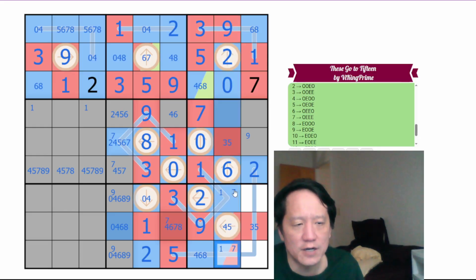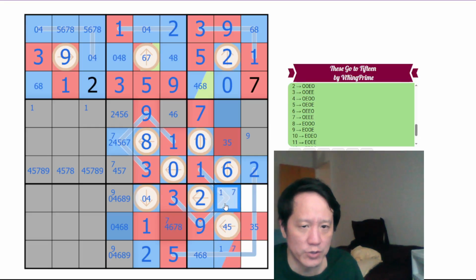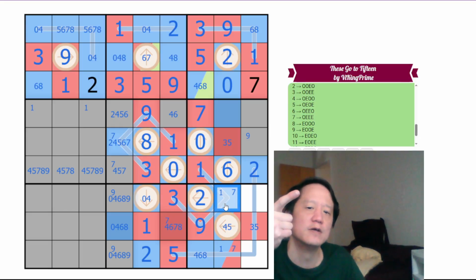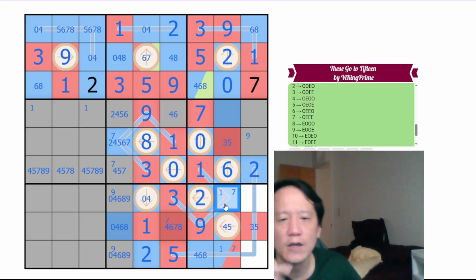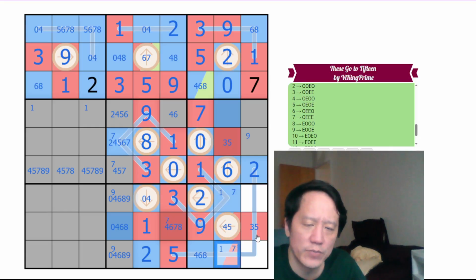So if this is odd here, that would guarantee this is not a Schrodinger, which would mean this is Schrodinger here, because it would have to be a 1 or 7 adding up to... yeah, actually, hold up.